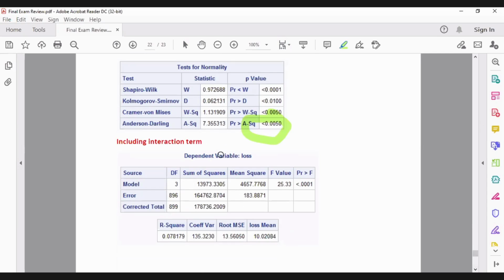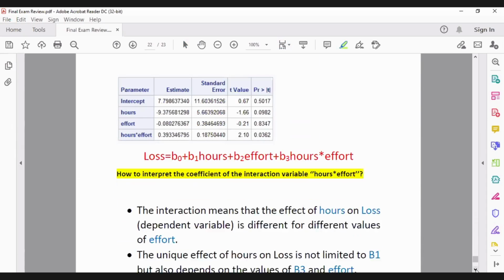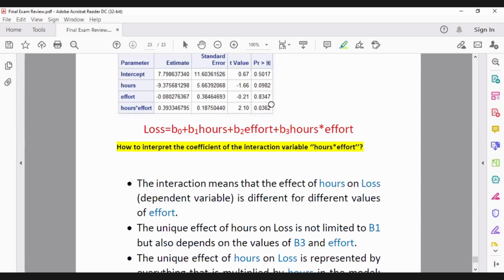And let's look at the interaction term. Suppose you believe that the interaction term matters, so include it in the regression, and we got an interaction term significance.